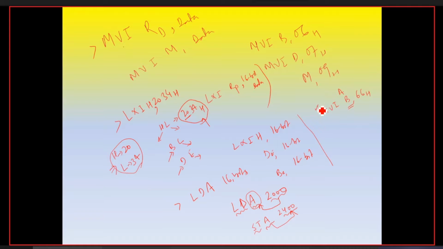Through the program we can store that number into the register, or we can use this instruction also, LDA 2400. While executing we have to give this 66 at this location, so that this 66 will come to the accumulator.